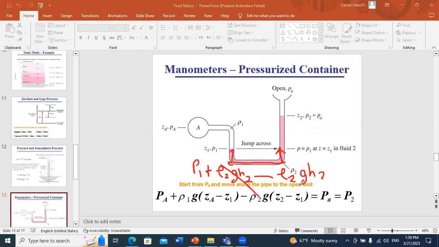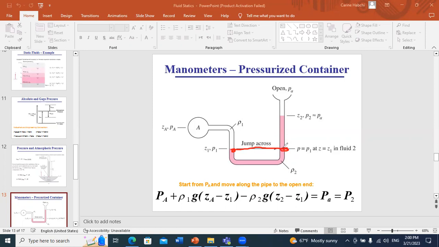This is why we say that when we have the same fluid, we have the right to jump across. However, if we have different fluids, we don't have the right to do this, because rho, the density, will be different. So from this point to this one, the pressure will be the same, equal to P1, since we are at the same level in the same fluid.